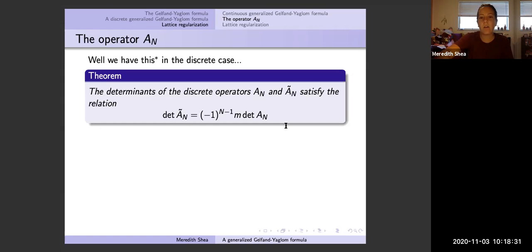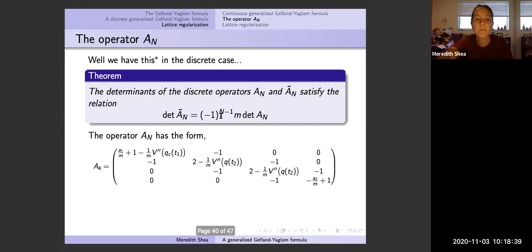And so, okay, I wrote this out, and I've said this discrete operator A_n, but I haven't defined it. So I'll define it real quick, with an example. A_n is basically the discrete Laplacian operator with the potential, but you have the twos along the diagonal.